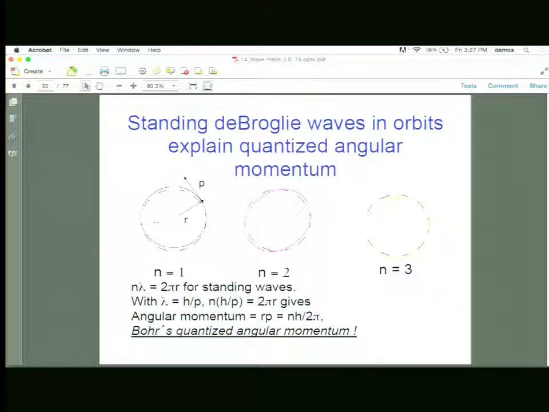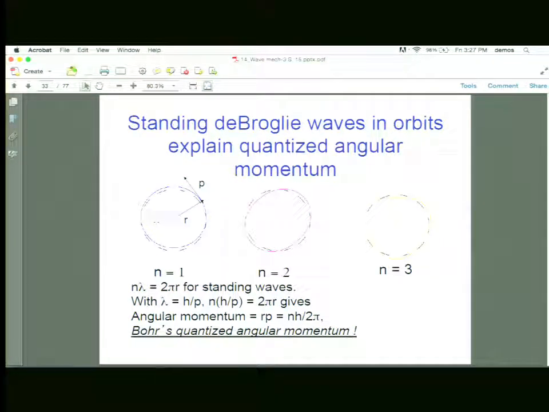in which case you get immediately h equals 2 pi r times p, just multiplying across, and you just divide by 2 pi, you get h over 2 pi is equal to r times p.